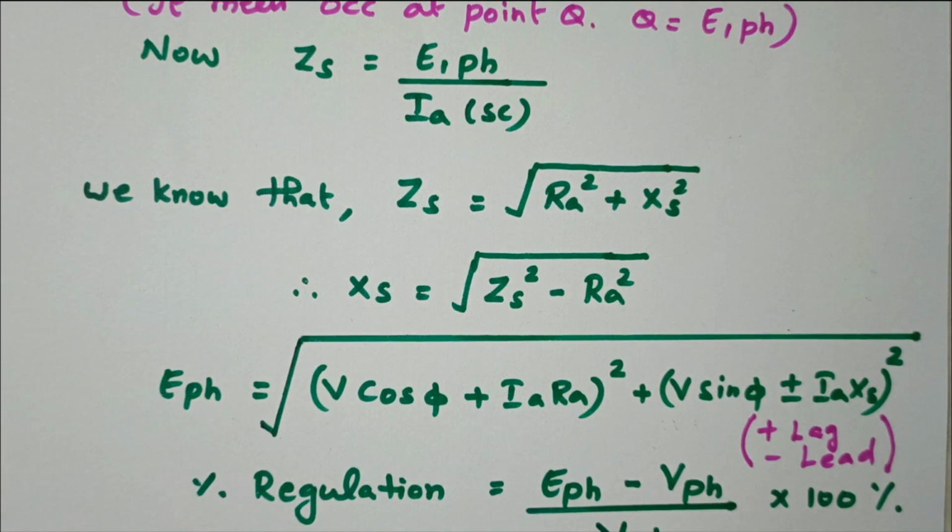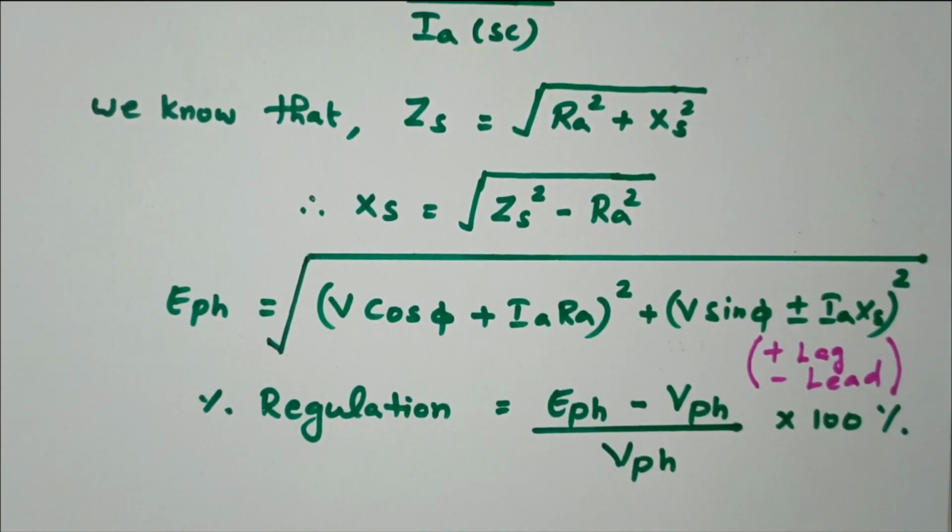So in this video we discussed how to find the voltage regulation of an alternator. What are the various methods? In that, the first method, the EMF method, we discussed in this video. First we find RA, the armature resistance. Then we perform the OC test and SC test.